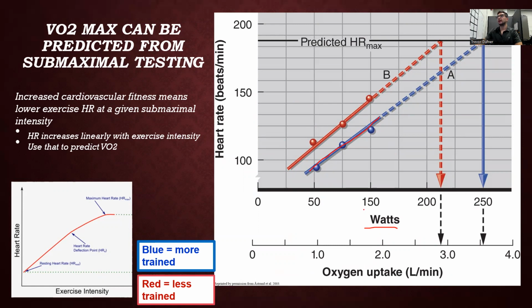So at 150 watts, they have a beat of 150 or 145 instead of 130. They have a higher heart rate at any given work output. So when they get to their heart rate max, their work output is going to be lower than a trained person, who is more efficient in utilizing the cardiac output mechanisms to provide oxygen to the muscles.